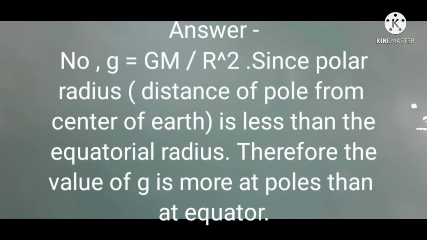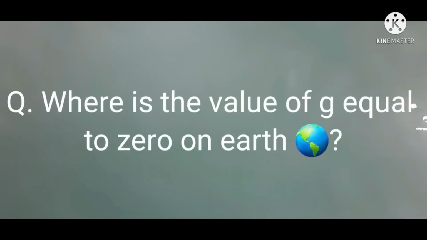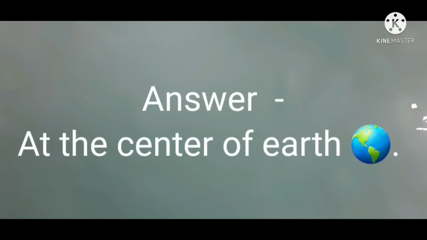Therefore, the value of small g is more at pole than at equator. Next question, where is the value of g equal to 0 on the earth? Answer: at the center of earth.